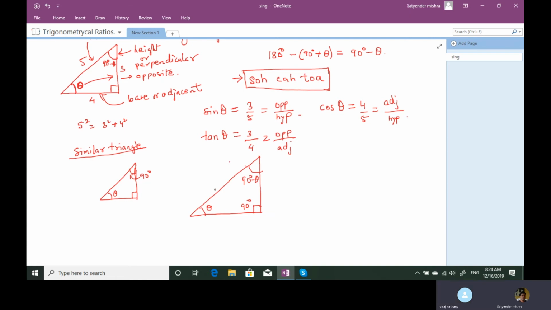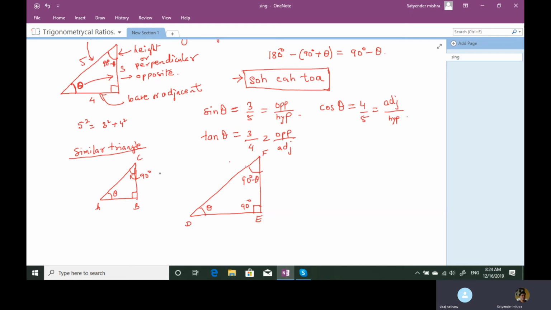Understood? So here we can mark it out like this: this is A, this one is B, this one is C, this one is D, E, and F. Right? So if the triangles are similar, then we can say that their corresponding sides are in the ratios.